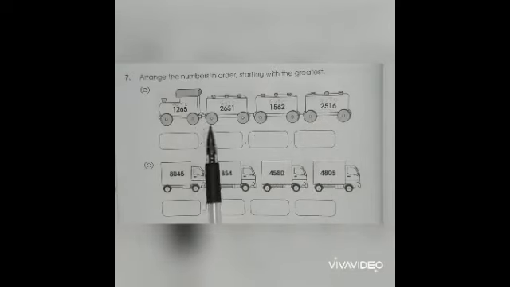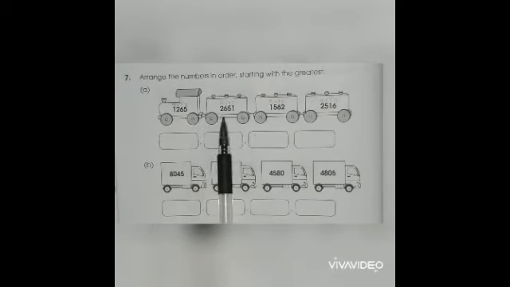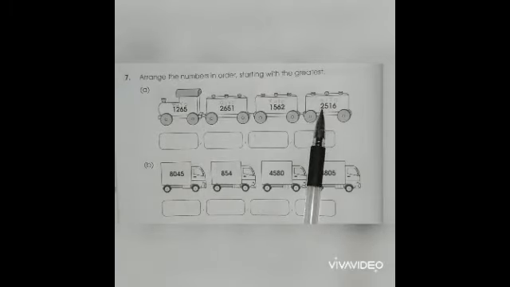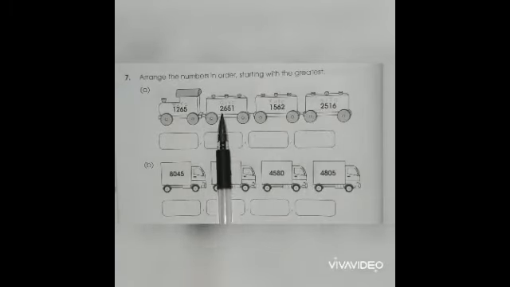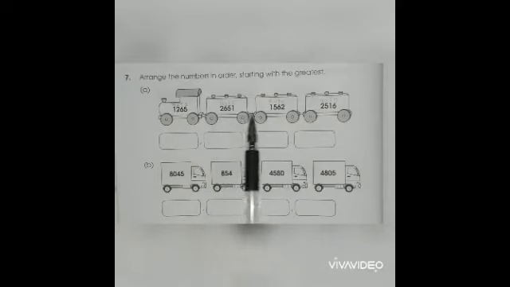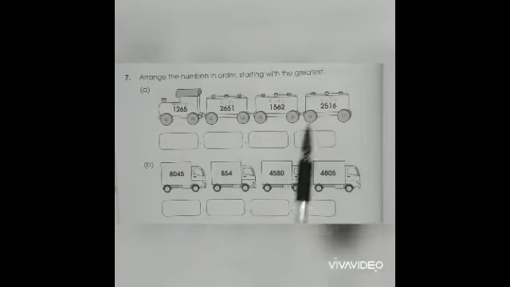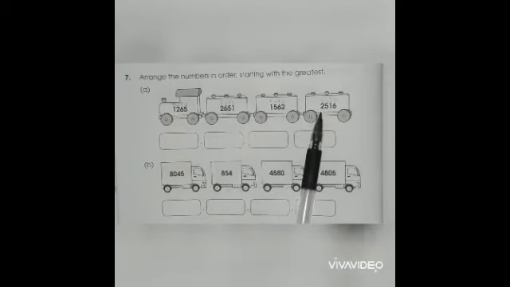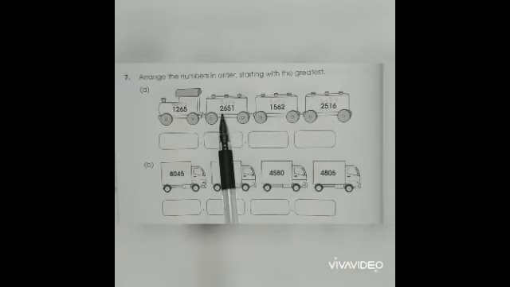First of all, we'll check the column of thousands, and you know there are two numbers that have digit 2 in the column of thousands. As we have to start with the greatest number, so we'll consider only these two numbers in the beginning. As these two numbers have digit 2 in the column of thousands, so there is no difference in this column.